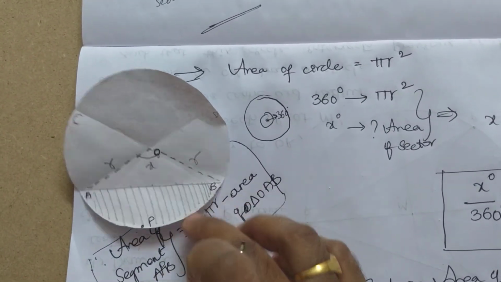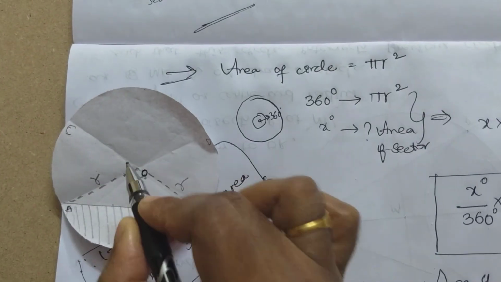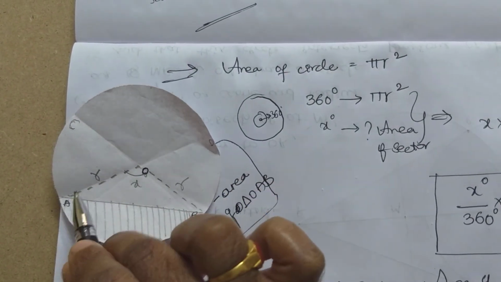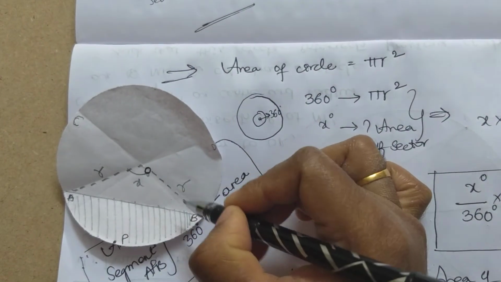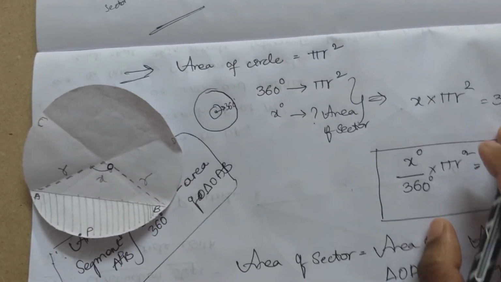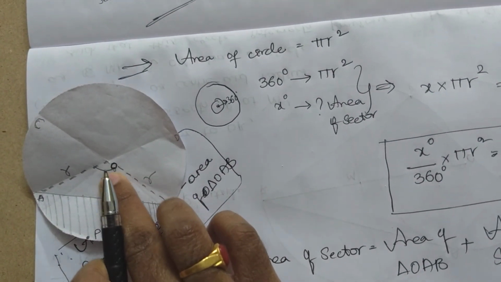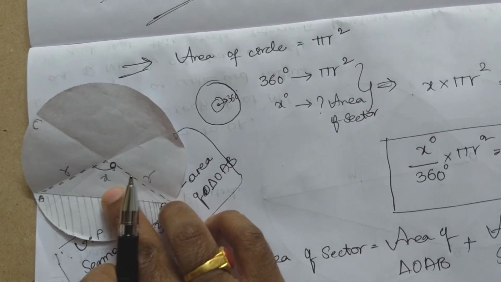After that, on the folded parts, from the center O I have drawn dotted lines to A and B. I have assumed that the angle at the sector, the angle at O, is x degrees.